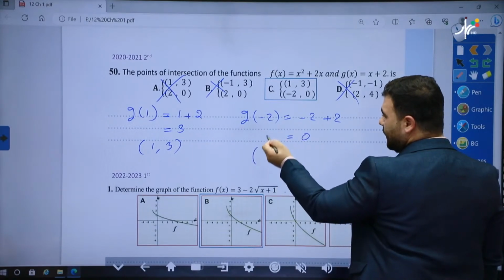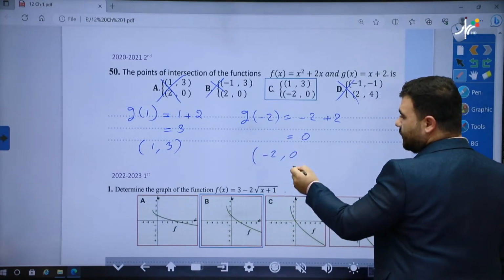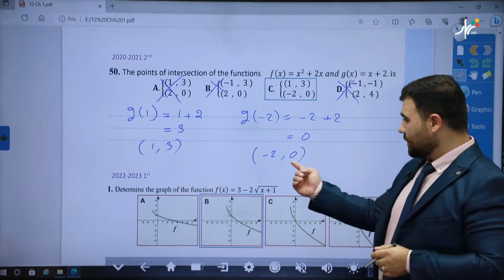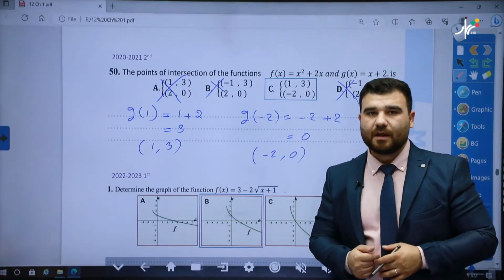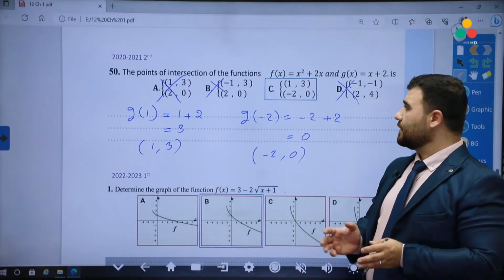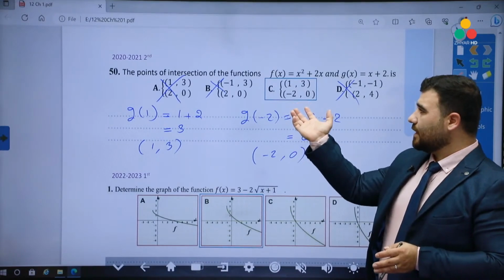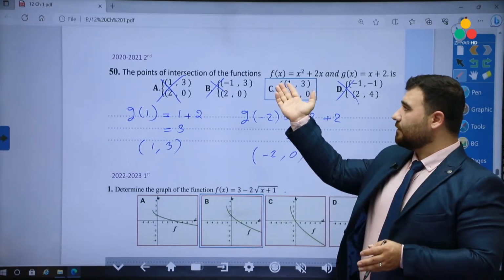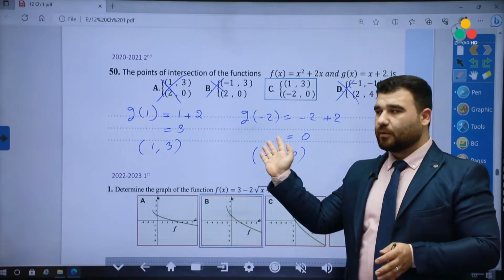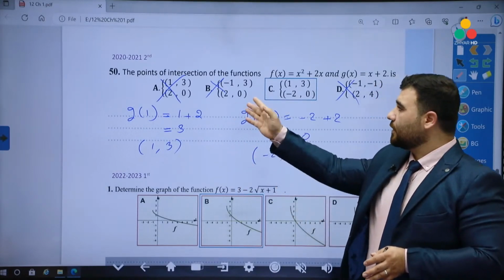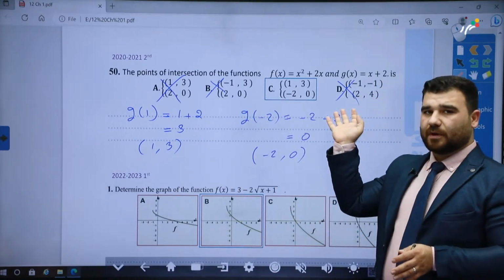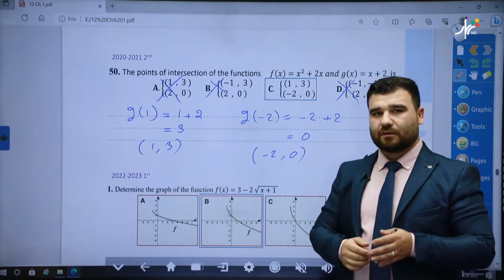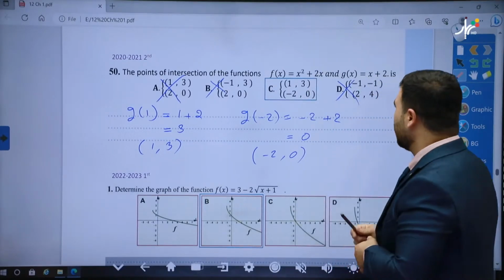This makes the point negative 2, 0. This point is the same. Now I know choice C is the correct answer. Before I even checked F, only from G, I knew both points satisfy G. All the other points got cancelled. But let's check F to make sure.